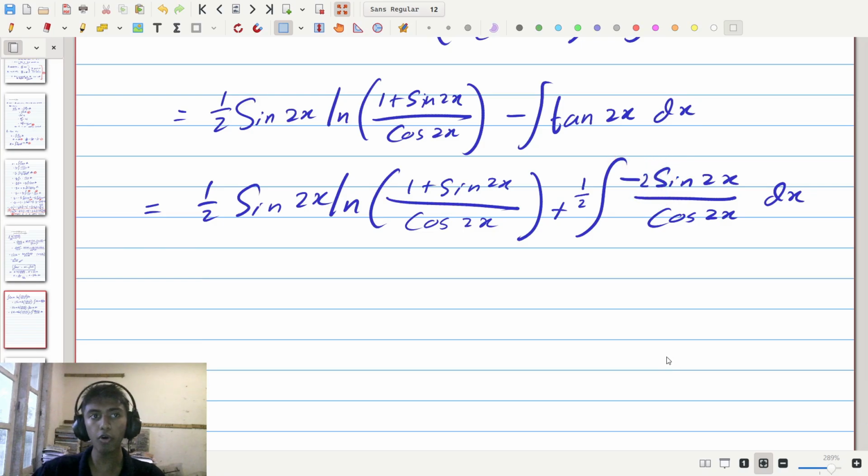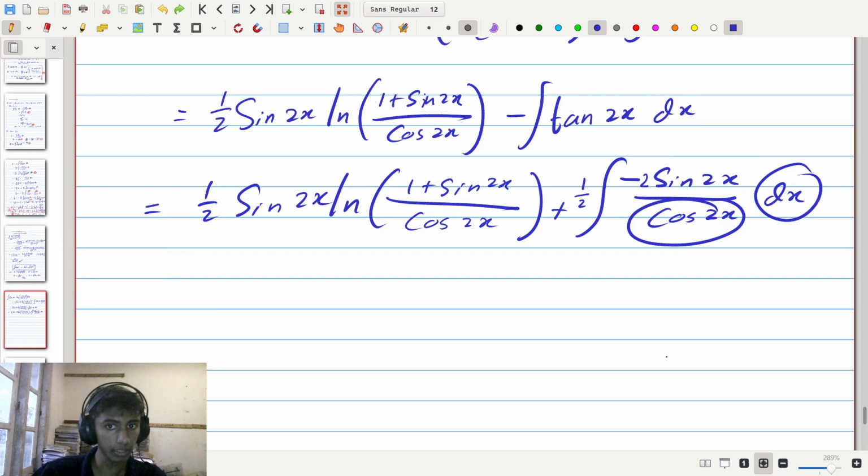Now this is of the form of the integral of the derivative of a function divided by the original function with respect to x. And as we know, this is going to be just the natural logarithm of that function.